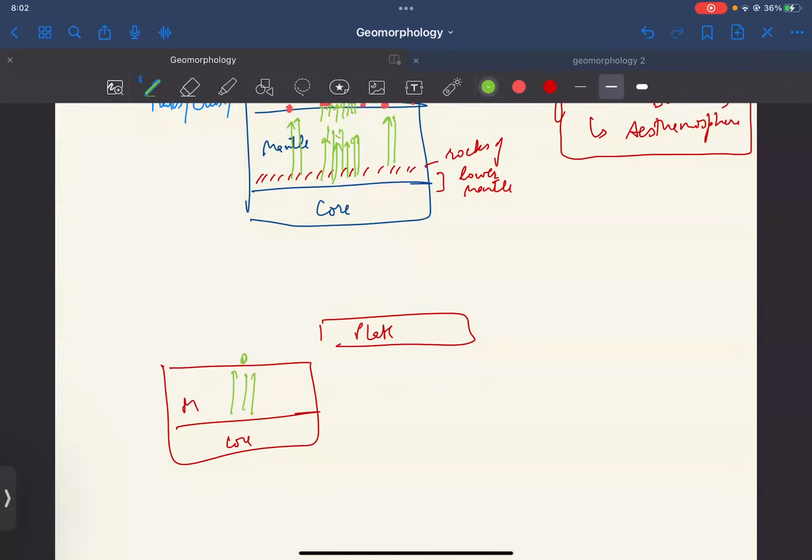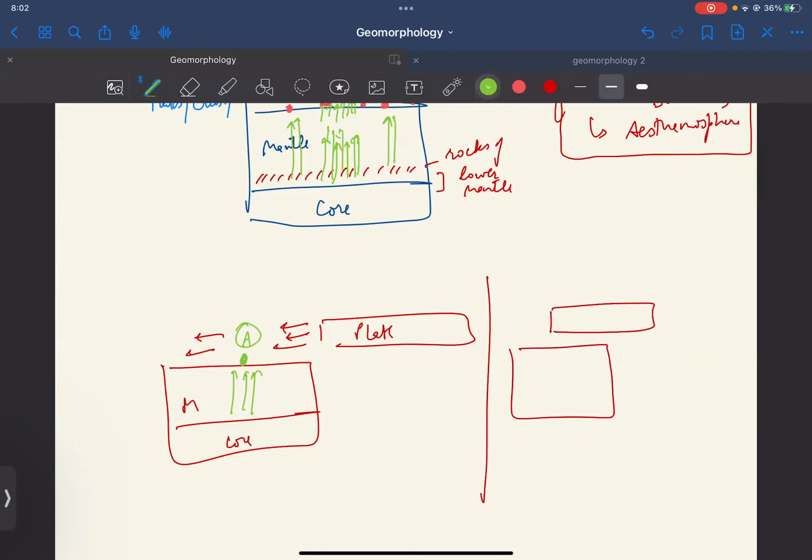So at this particular position, position A, is a rise of magma. So now what would happen? As plate will start moving towards it. As plates will move, what would happen? At this position, magma will come out.